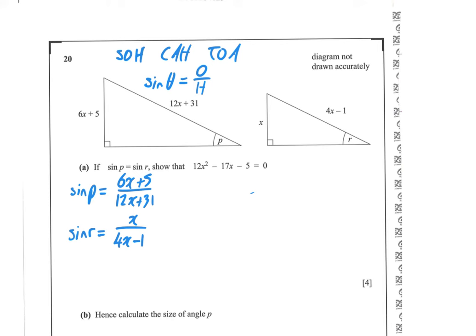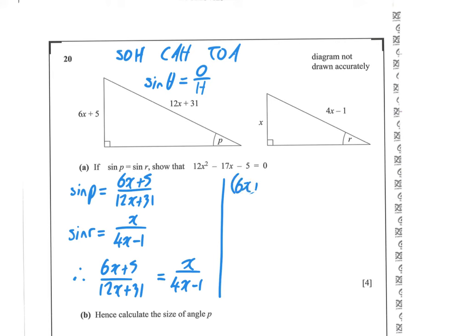Now it tells you that sine p equals sine r. So that tells you, therefore, that 6x plus 5 all over 12x plus 31 must be equal to x over 4x minus 1. Okay, and we're going to run out of space fairly quickly here. So what we want to do is a wee bit of cross multiplying.